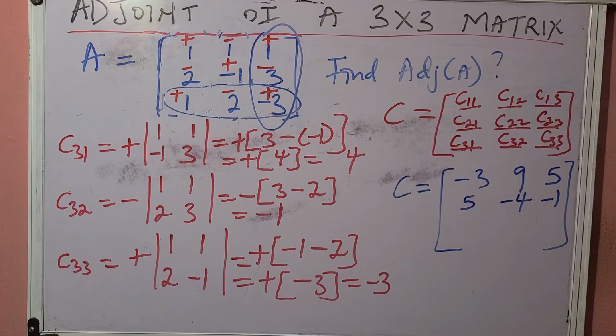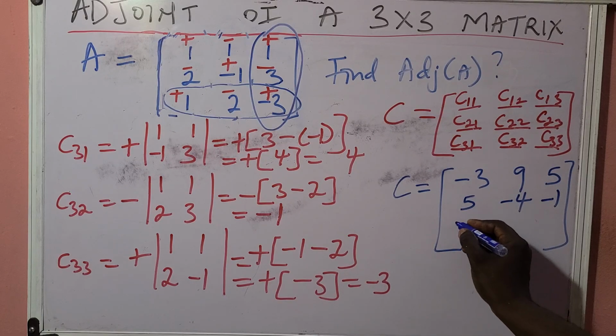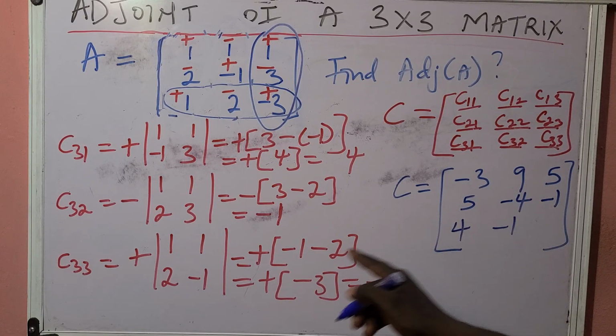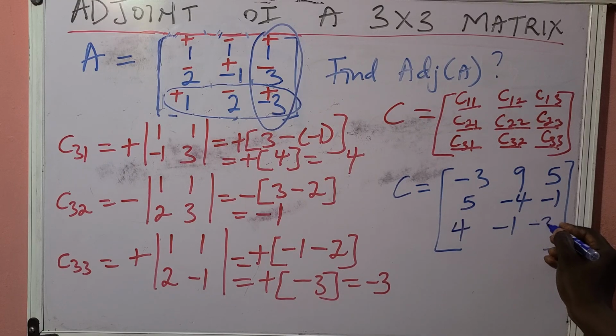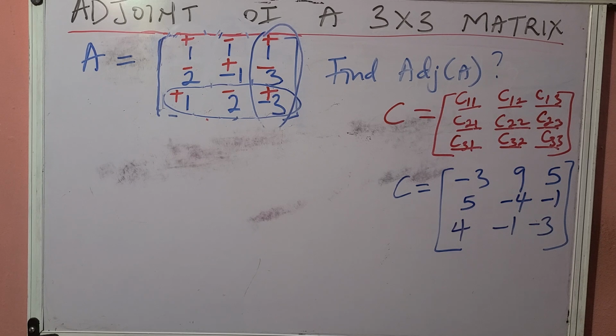So we can go on to fill in the values for our cofactor matrix. Now we've gotten C31 to be 4, and C32 to be minus 1, and C33 to be minus 3. So you can see right now we have been able to get our cofactor matrix, which is key to finding the adjoint of a 3 by 3 matrix.